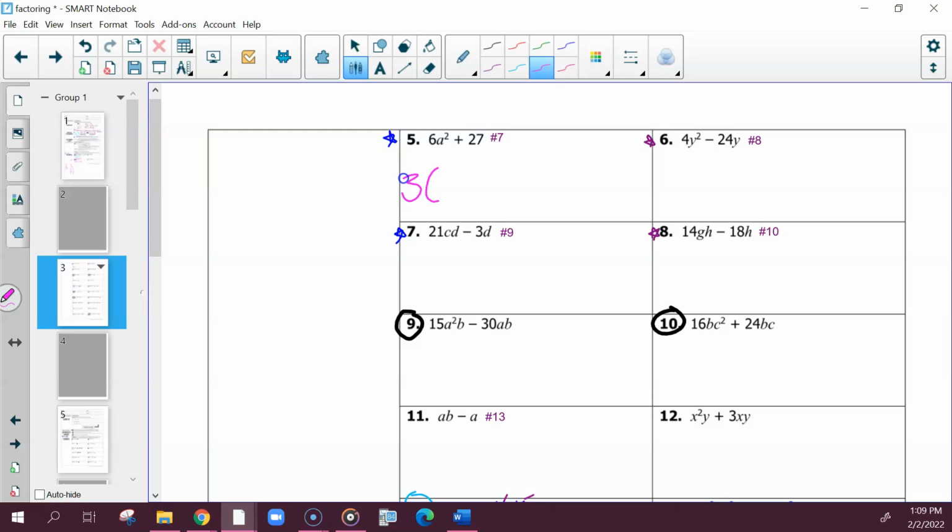Once you get into the habit of this, you don't have to put this part here. But if that helps you see what you're doing, continue to do that. What would be left on the inside if we took out 3? Is there anything else we can take out of the inside? No. So that is fine. That would be our answer.